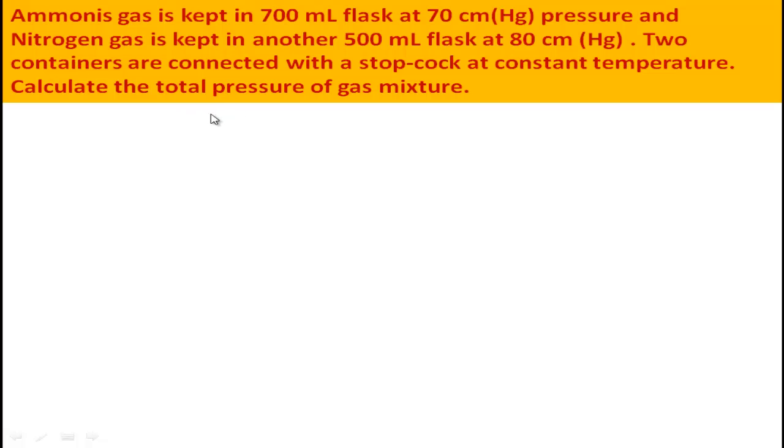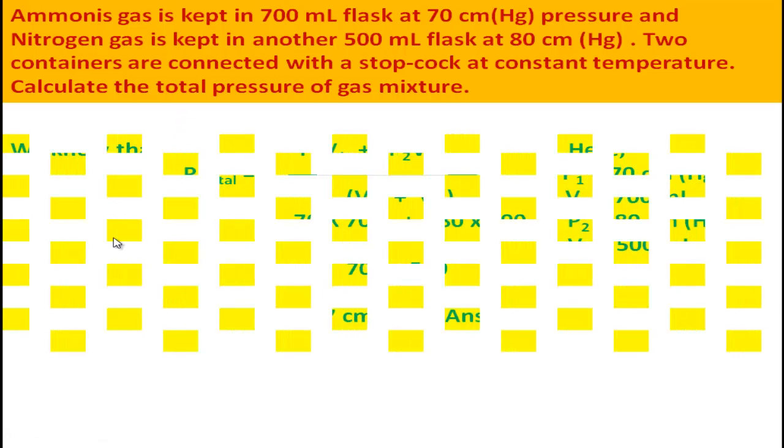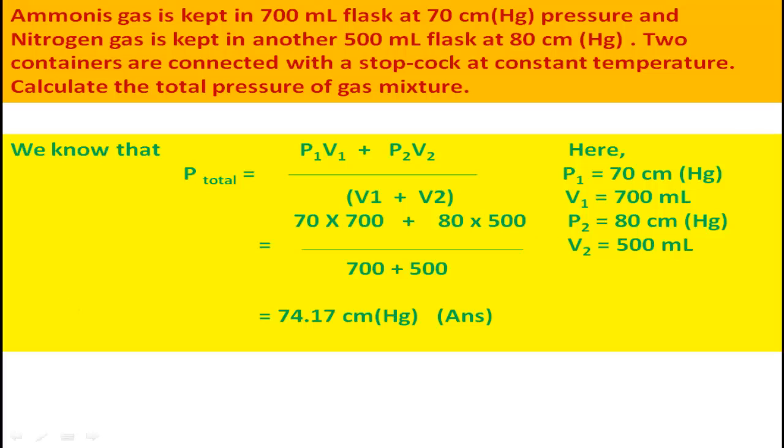How can you calculate the total pressure? Total pressure is P1 V1 plus P2 V2 divided by V1 plus V2. So we can easily solve this problem. If we consider P1 is for ammonia and P2 is for nitrogen gas, then putting the values correctly, we can easily determine the total pressure.